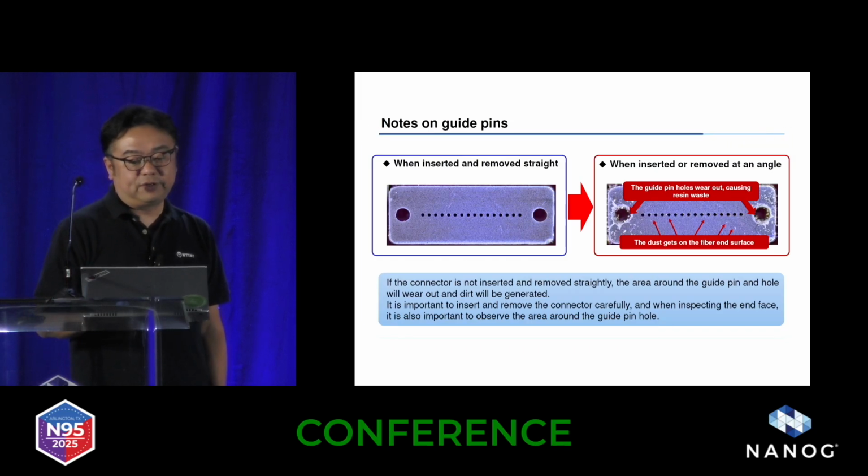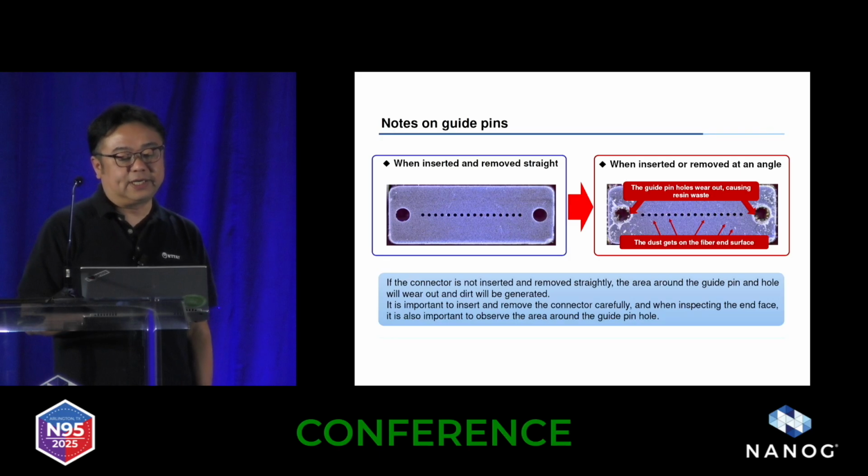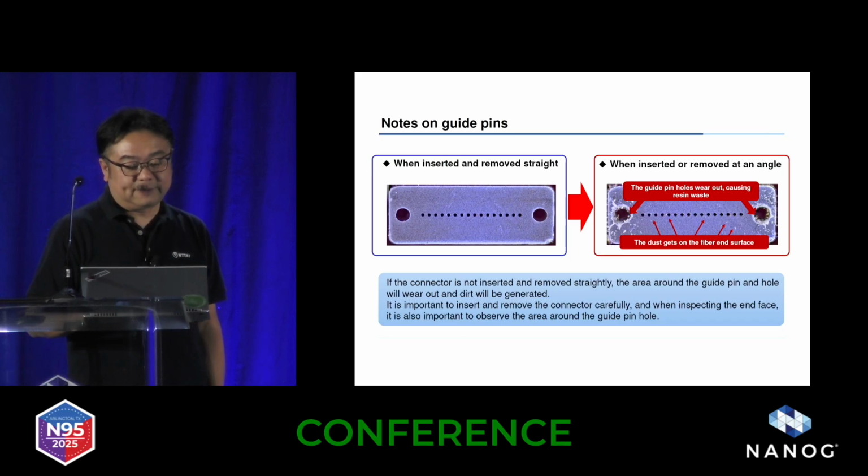And a few points for the MPO. If there is dirt around the guide pin, it can cause problems such as insufficient pressure, resulting in gaps and poor optical characteristics. There's also the issue of the guide pin hole wearing down.